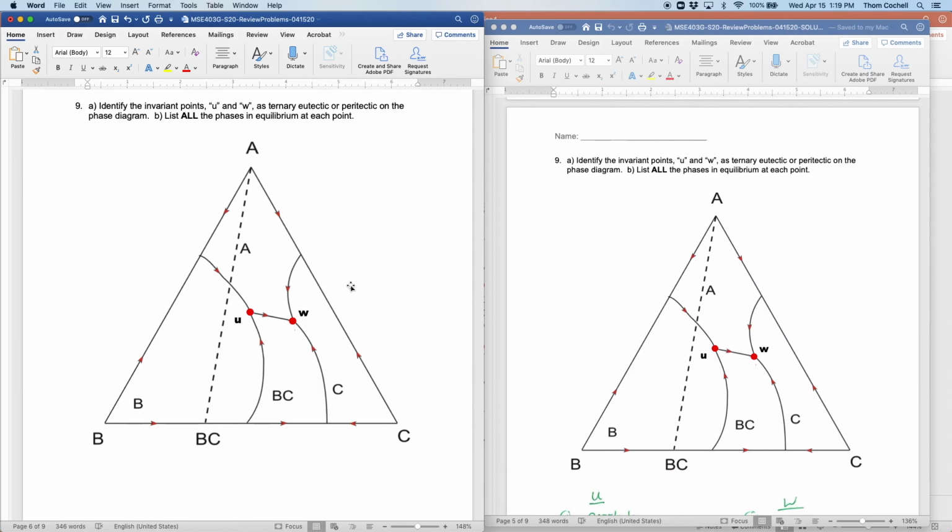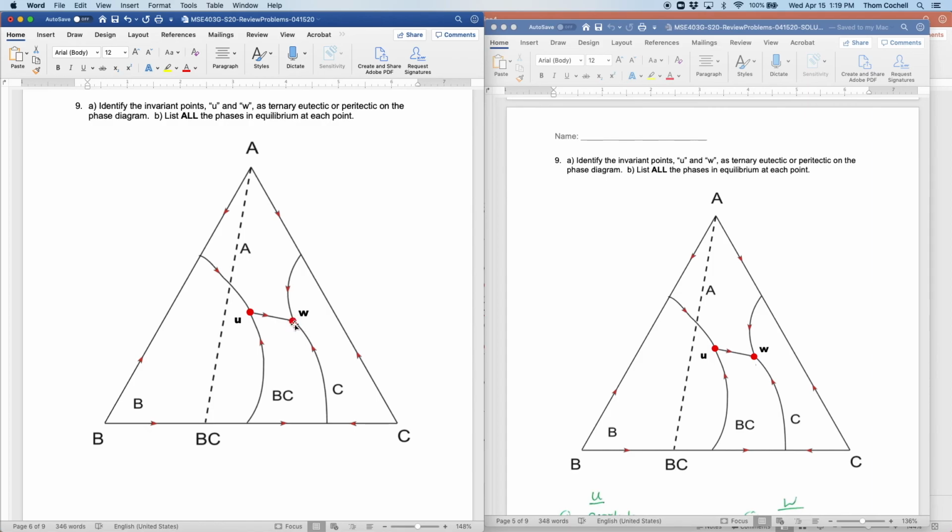There are 2 methods to determine if it's peritectic or eutectic. The first one I told you about was using the slopes of the boundary curves. If we focus on W here, all of the slopes of these boundary curves go towards W. That means all the boundary curves slope down in temperature to a point W, and that is a eutectic.